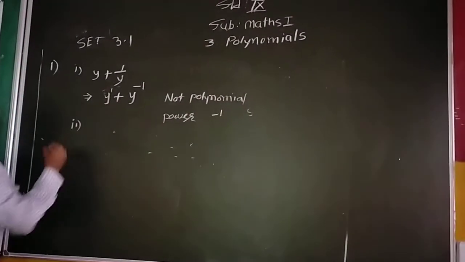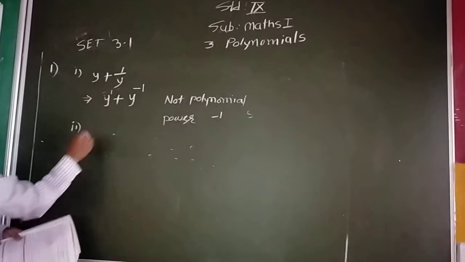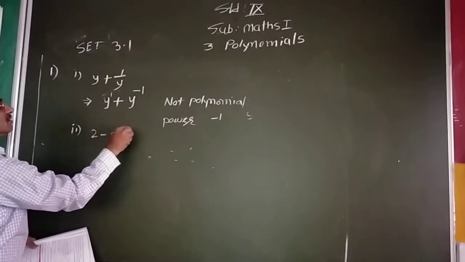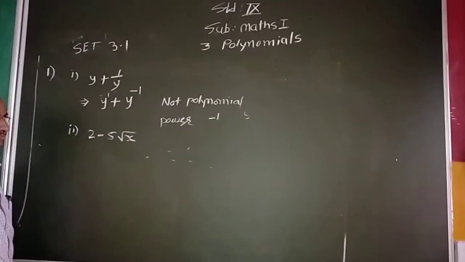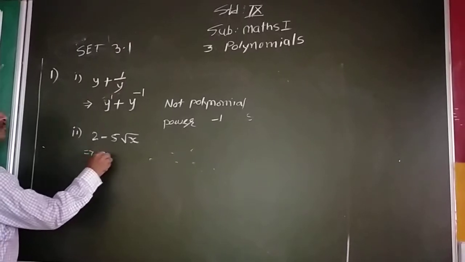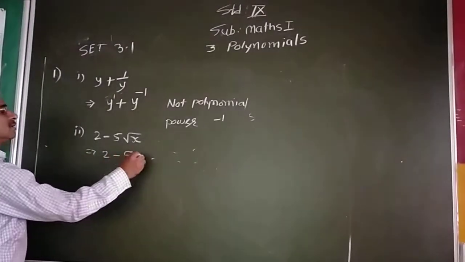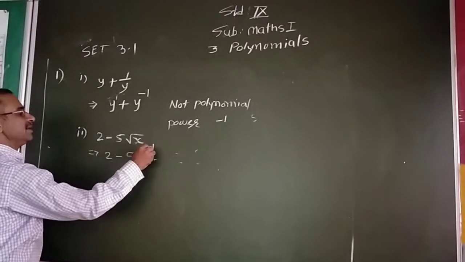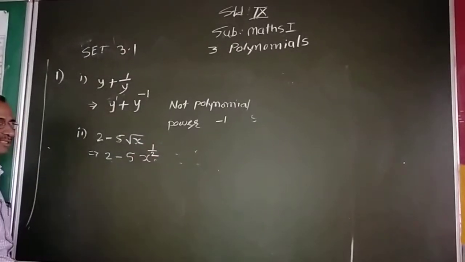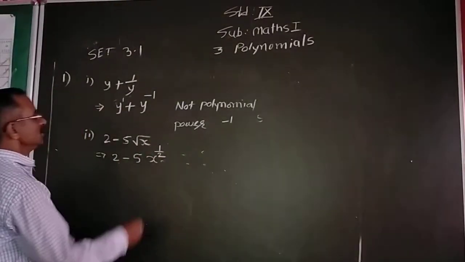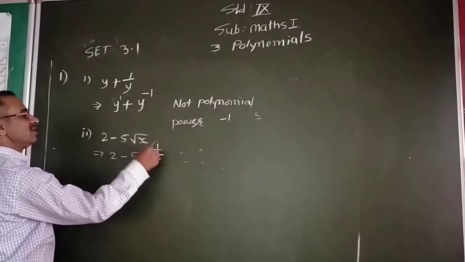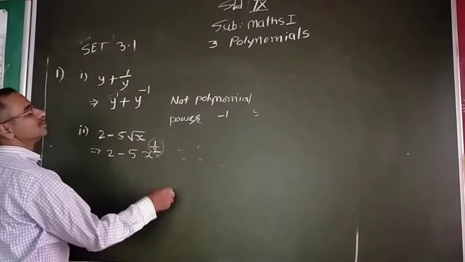Then second: 2 minus 5 root x. This is written in index form as 2 minus 5 x raised to 1 upon 2. What is the power of the variable? 1 upon 2.